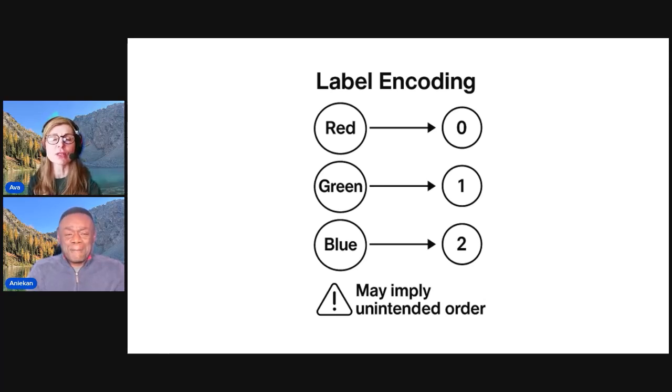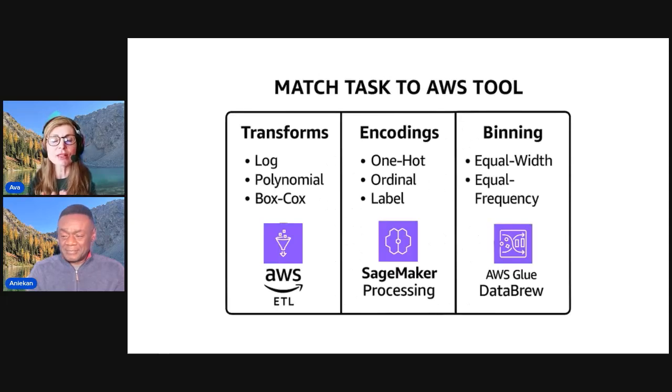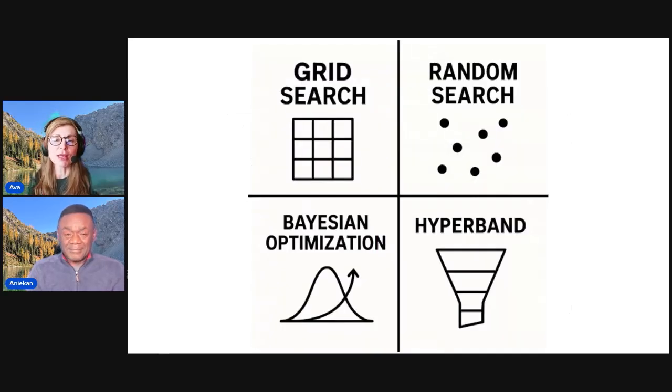In fact, I think we saw some in our example with Data Wrangler last week. So there are also two main binning methods to mention. We have equal width, where each bin is going to cover the same numeric range. And then we have equal frequency, where each bin has roughly the same number of records.